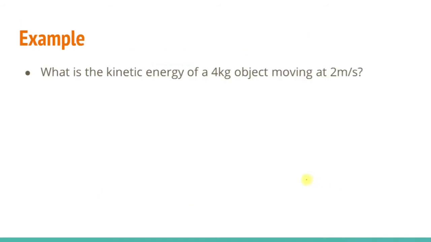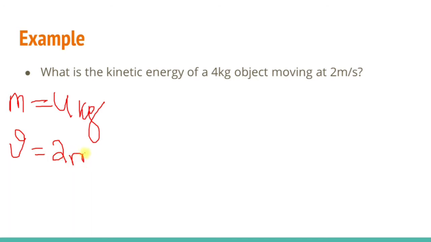So, the example of kinetic energy. What is the kinetic energy of a 4 kilogram object moving at 2 meters per second? So first, you write the given: the mass of the object is 4 kilogram and the velocity of the object is 2 meters per second. Find the kinetic energy. Yes.